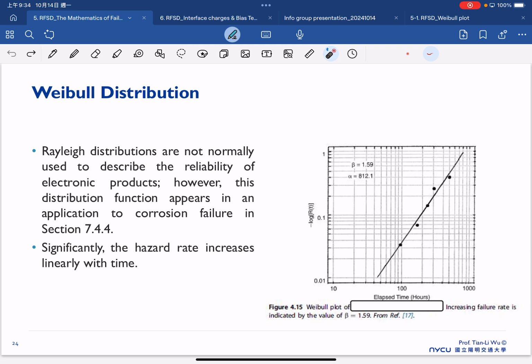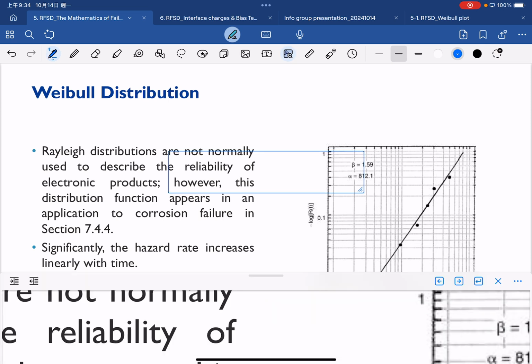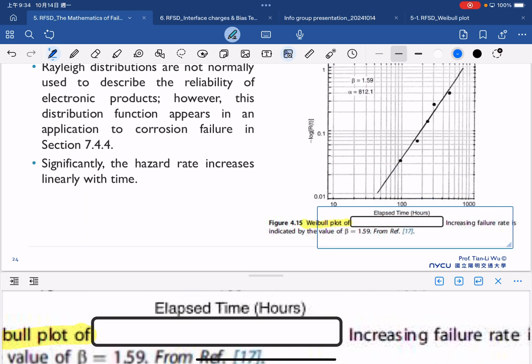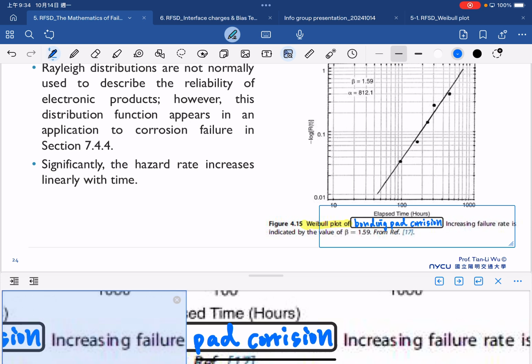So first of all, this is one of the examples that we try to build up. This is what we generally call a Weibull plot. This is a Weibull plot considering the bonding pad cohesion.